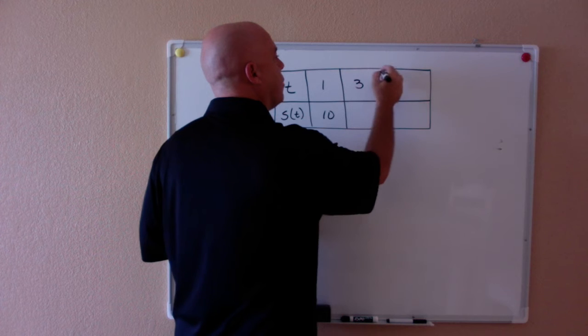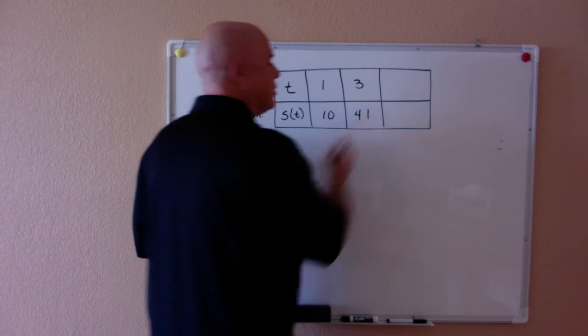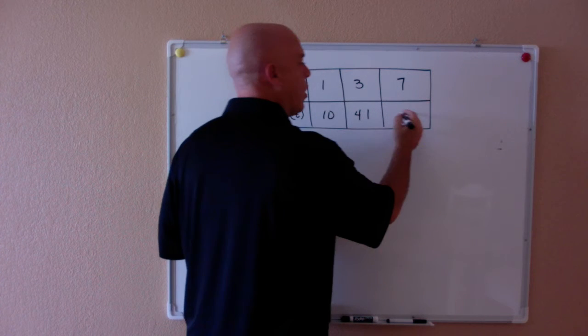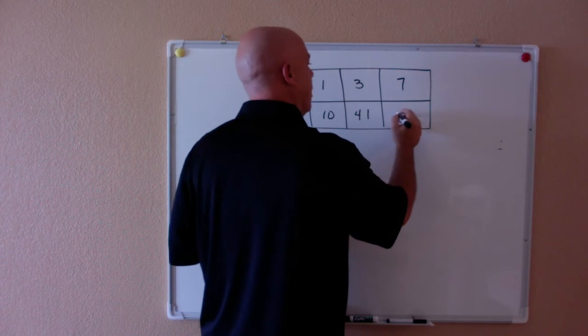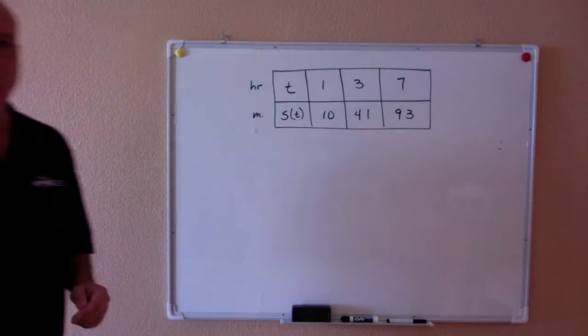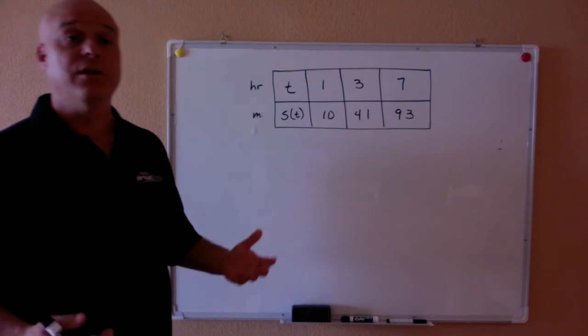After 3 hours, let's say that the car is 41 units to the right, and then let's say at 7 hours, the car is 93 miles. Okay, so we want to find the average rate of change of this car.